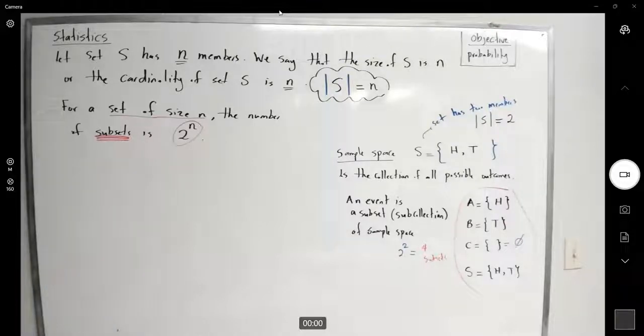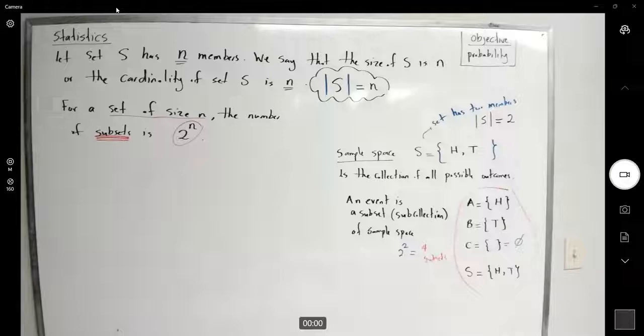I have a question about the empty set. Go ahead. So why do we need an empty set if when you flip a coin, you're obviously going to get heads or tails? There's not going to be a no outcome. So what is the point of the empty set? What does it represent? Very good, excellent.